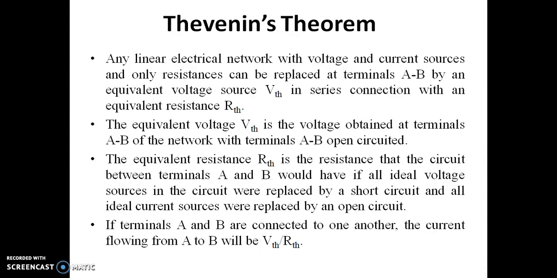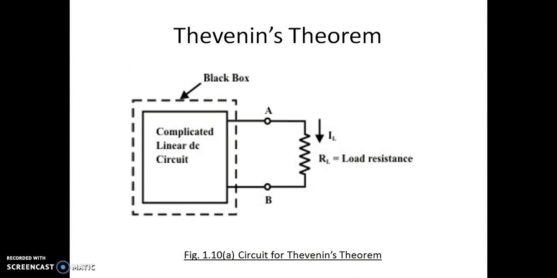The equivalent resistance RTh is the resistance that the circuit between terminals A and B would have if all ideal voltage sources in the circuit were replaced by a short circuit and all ideal current sources were replaced by an open circuit. If terminals A and B are connected to one another, the current flowing from A to B will be VTh by RTh.